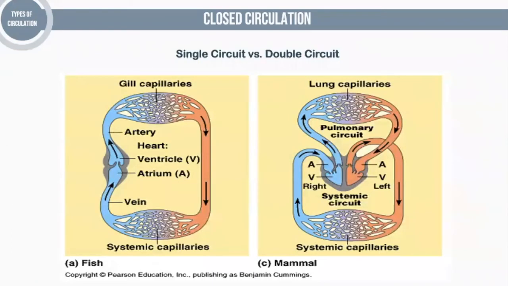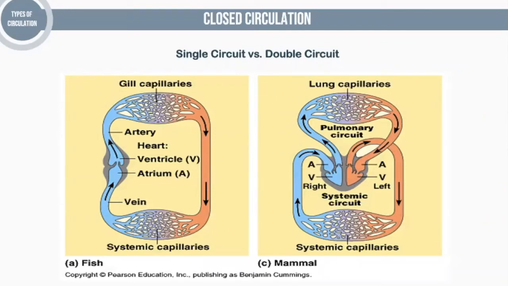Now for the single circuit versus double circuit closed circulation. For the single circuit, as we can see here in the first image, this is the type of closed circulation seen in fishes.